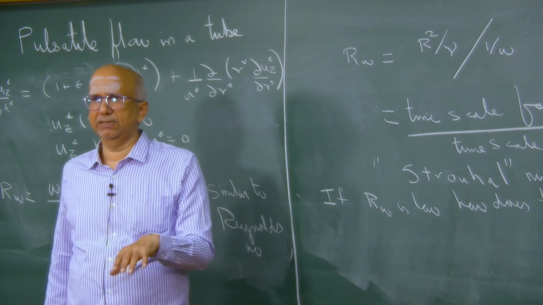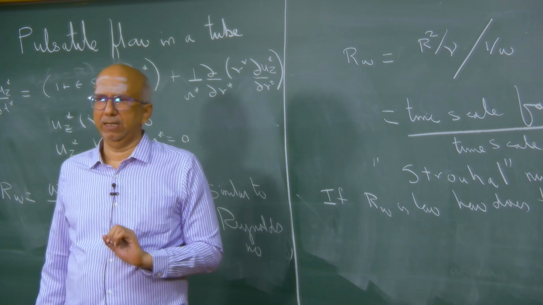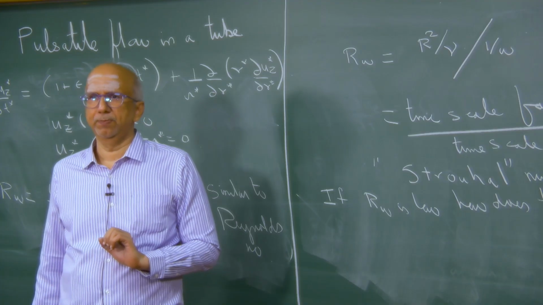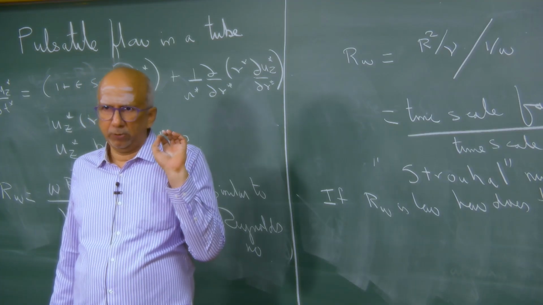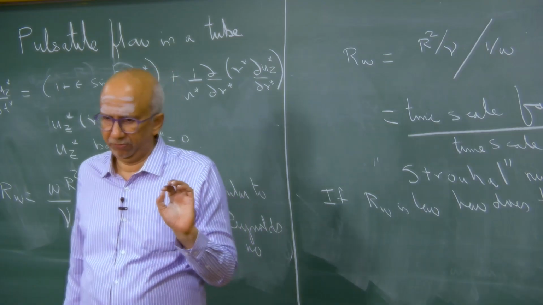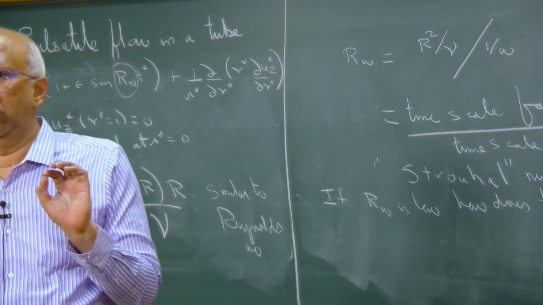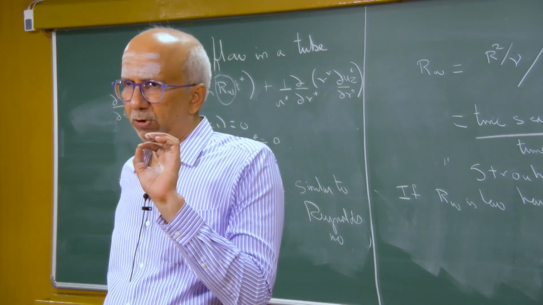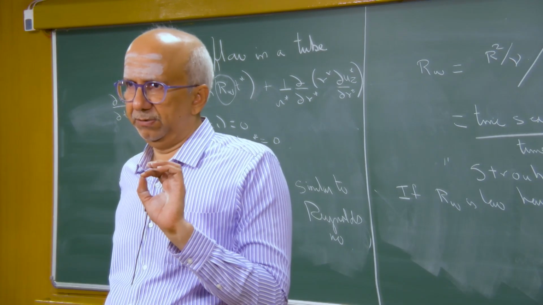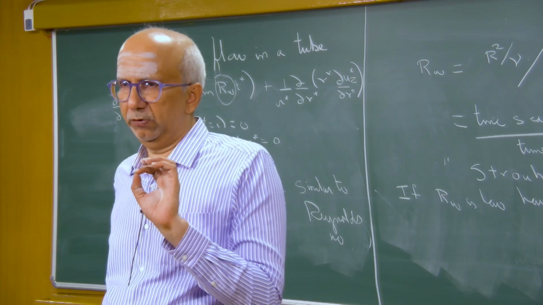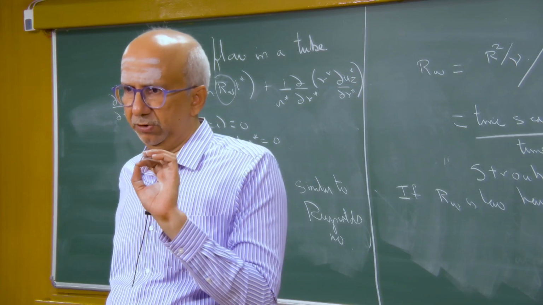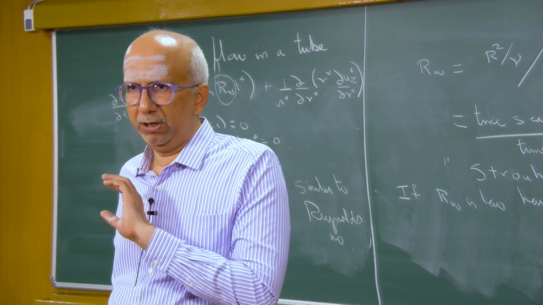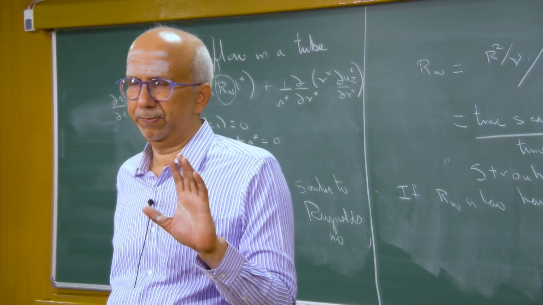And you can look at the general problem of finite RW also. So, basically by doing a dimensionless analysis, we have reduced the problem to analyzing how the system behaves when only one dimensionless parameter is changing. If I can understand how the system behaves for different RW, I have fully understood the system behavior.